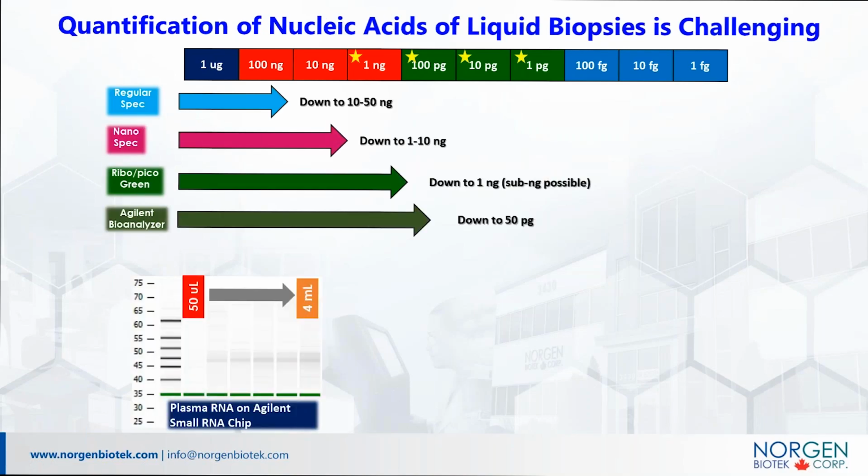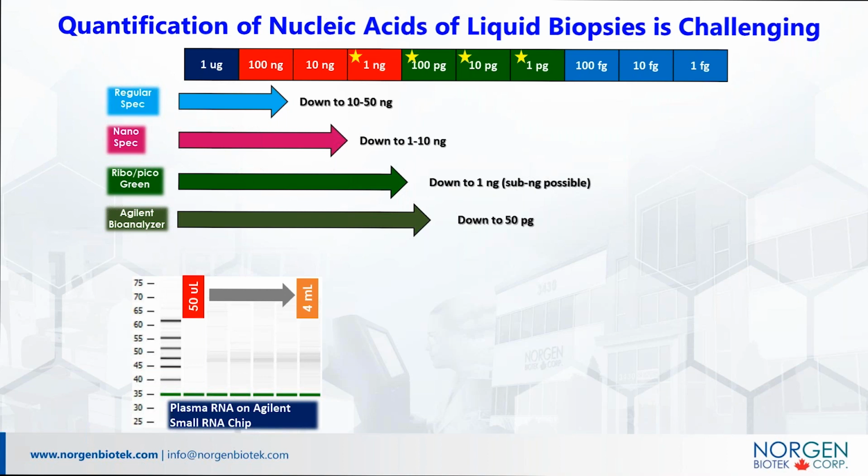Okay, this is a very important slide because most of us, when we isolate the cell-free DNA or the cell-free RNA, and before going to our downstream application, being PCR-based, sequencing, microarray, SNP analysis, methylation studies, all of these things, we measure the concentration.